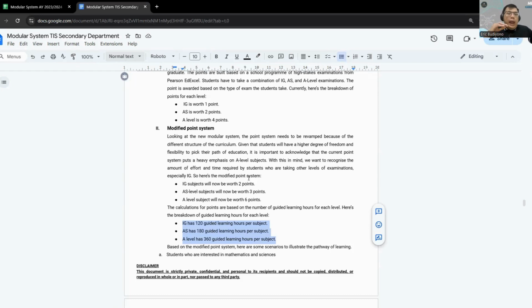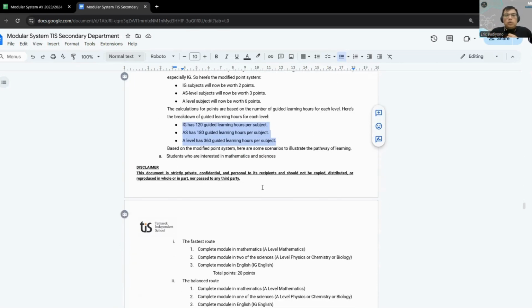And the A level is basically the equivalent of the first or up to second year of university. So that's different, because if you go to university, obviously the level of depth of the knowledge is completely different. The amount of material that you learn is also different. That is why we give different points depending on the difficulty of the examination as well.